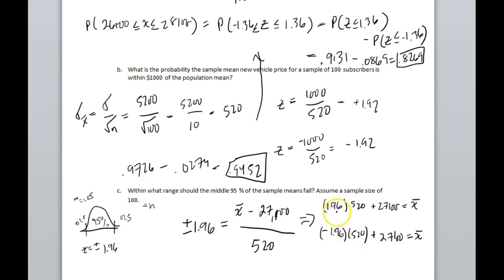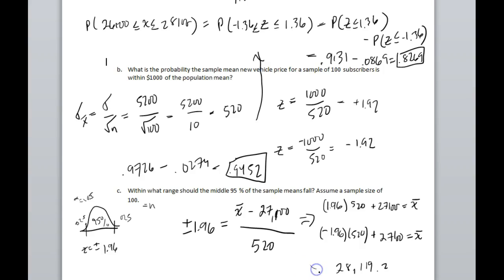The two numbers that we get create a range for us. For the positive version, we're going to get 28,119.2.